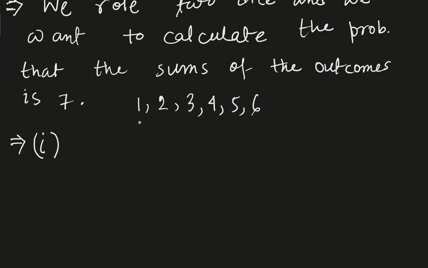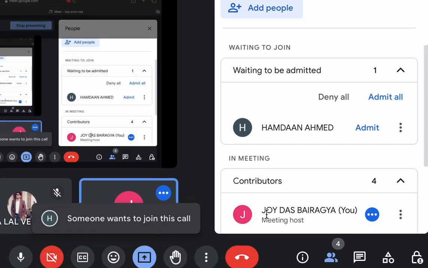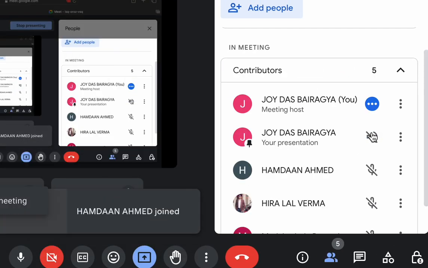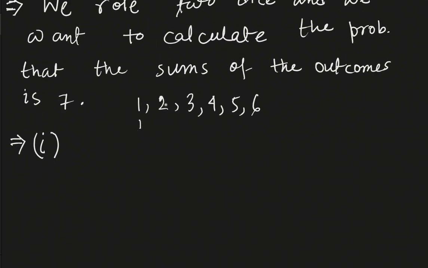First of all, if in both of the dice one comes, then the sum will be 2.